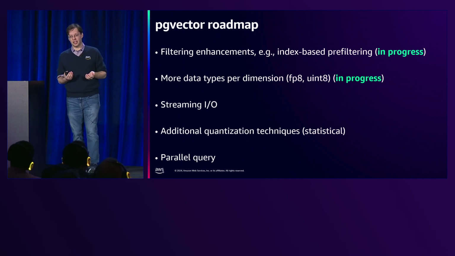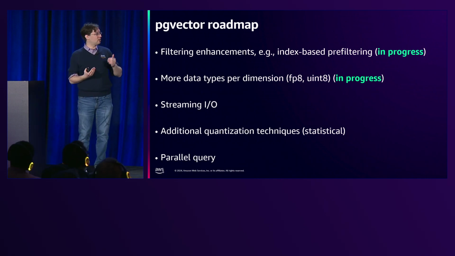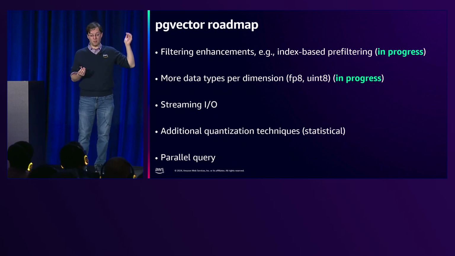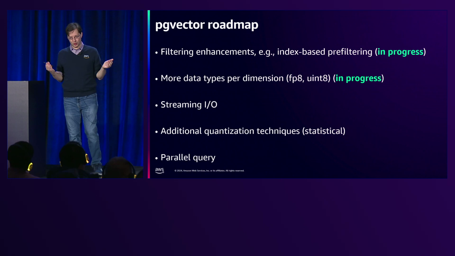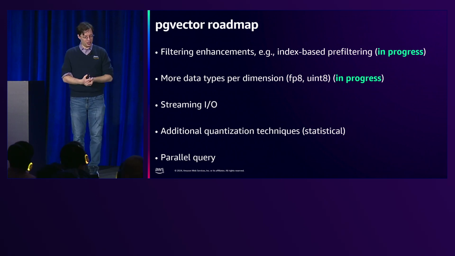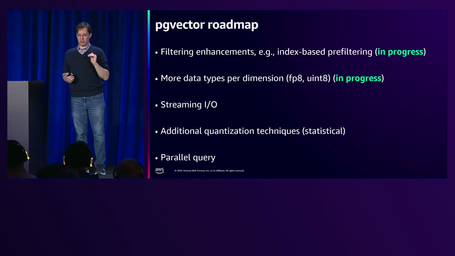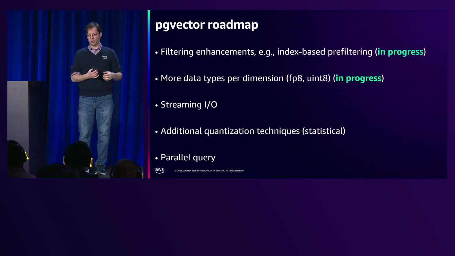There are more data types likely coming. There are patches open for both 1-byte floating point vectors and 1-byte integer vectors. If those are useful, please influence the open issues. Streaming I/O is a Postgres 17 feature that lets you stream I/O, basically load I/O in bulk from your disk.